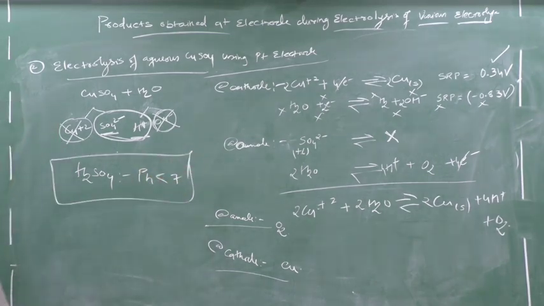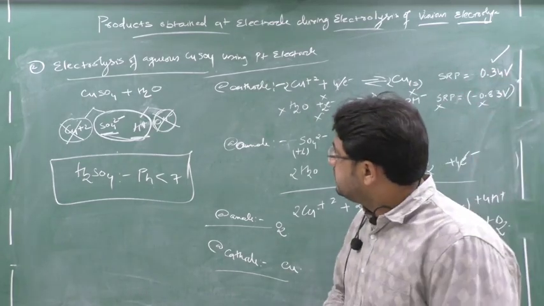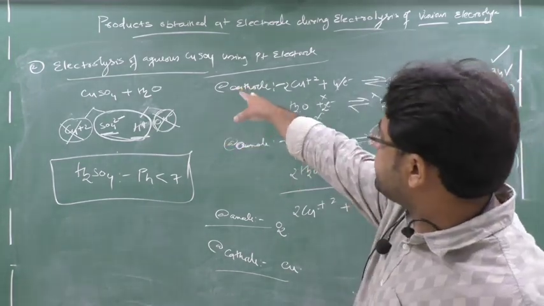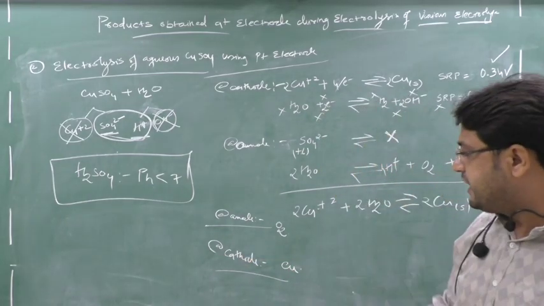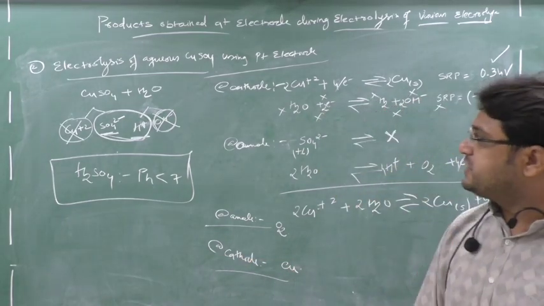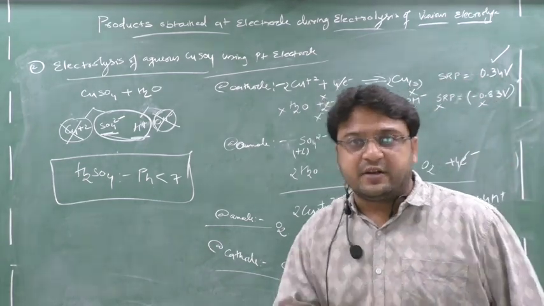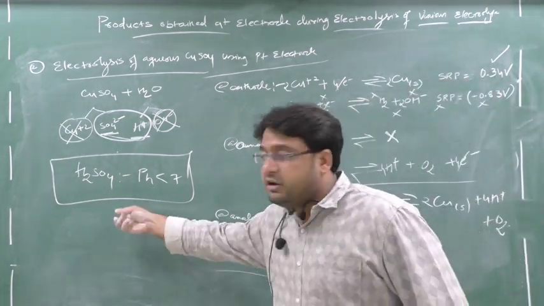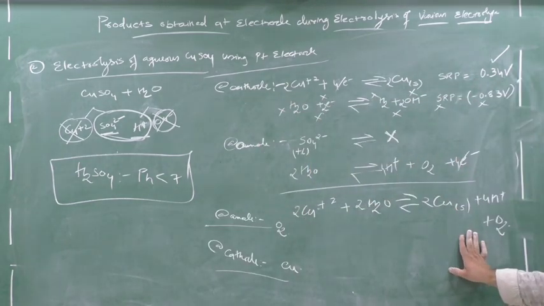So the question comes: what are the products obtained at the anode and cathode during the electrolysis of copper sulfate using platinum electrodes? At the anode, oxygen is liberated. At the cathode, copper is deposited, and after the electrolysis the solution becomes acidic, because H2SO4 is formed.